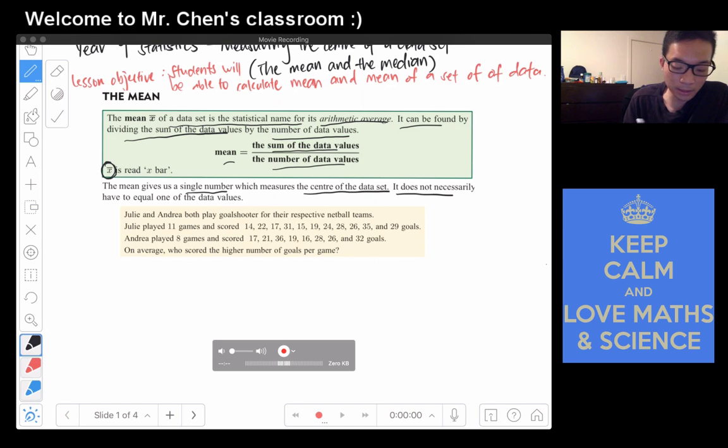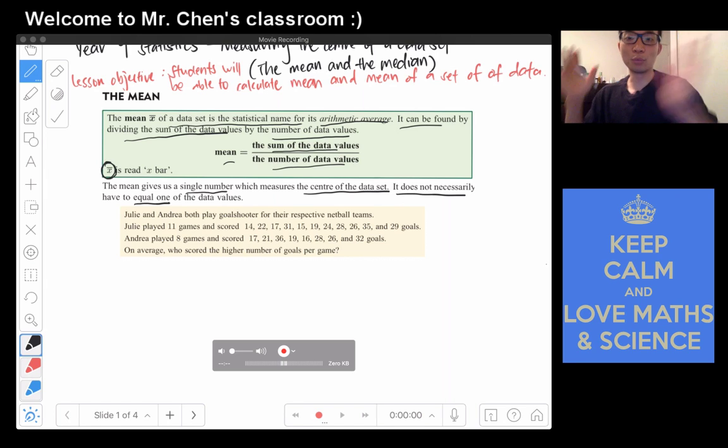It does not necessarily have to equal any of the data values. You might have a class of students with a mean height of 1.74 meters, but none of the kids is 1.74 meters. They may all be close to that number, but it doesn't have to be that number.